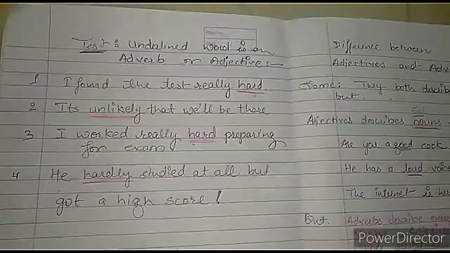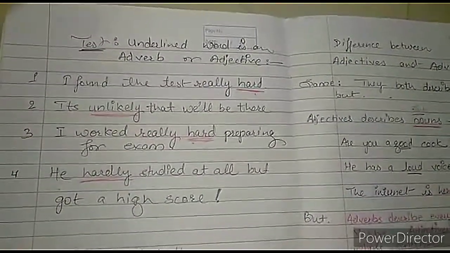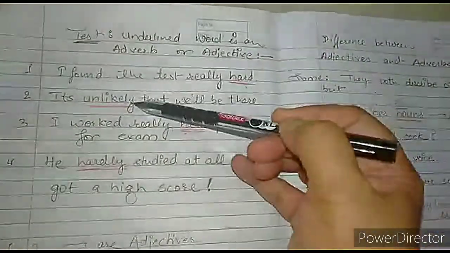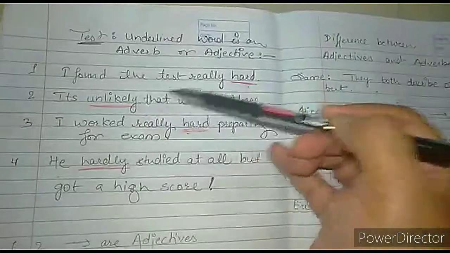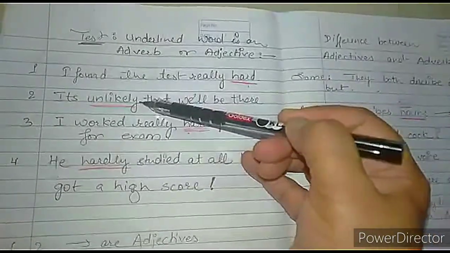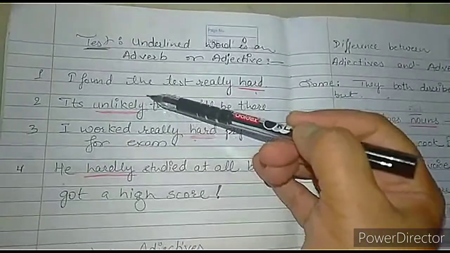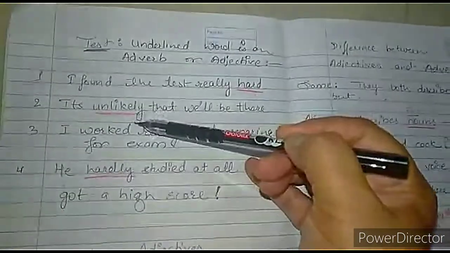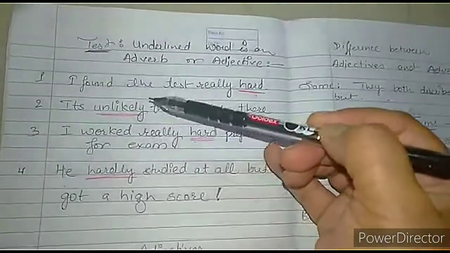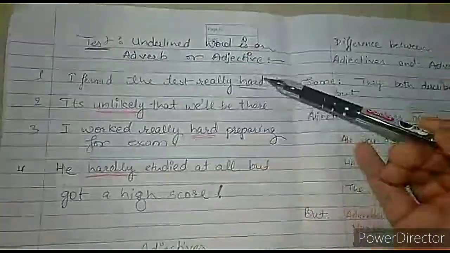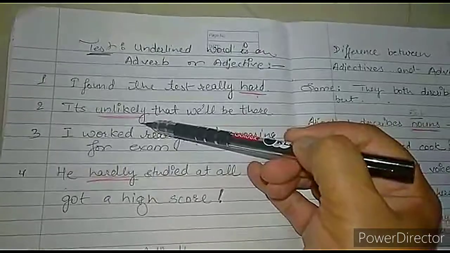Now let me tell you that the underlined words in the first and second sentence are adjectives. Why? We have only read so far that words ending in ly are adverbs. But in these sentences, hard and unlikely are adjectives. Why?